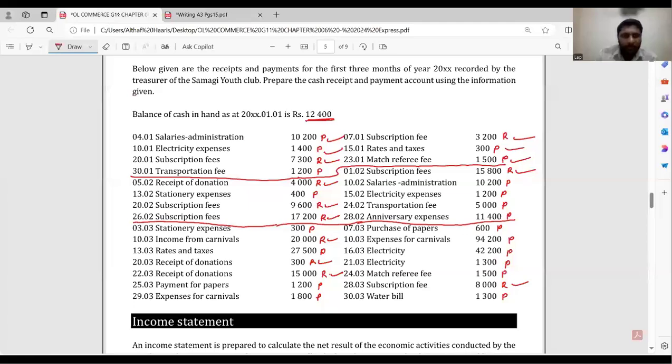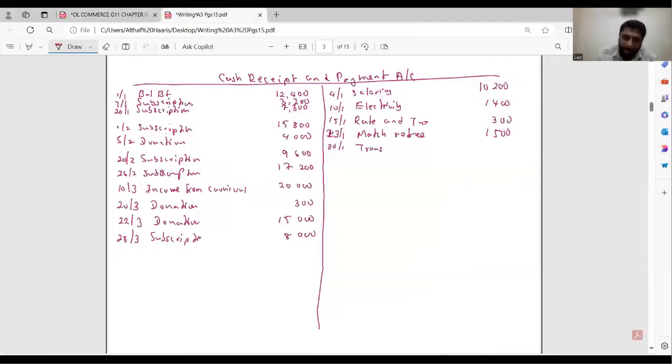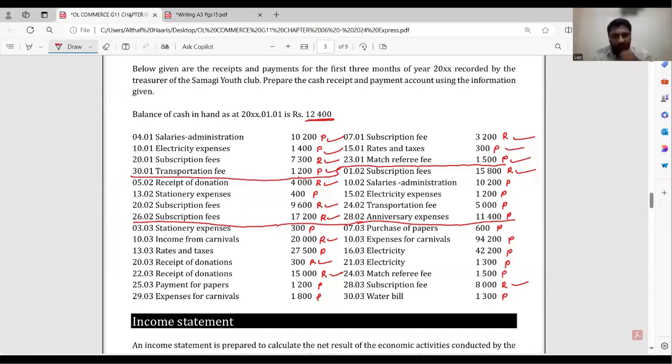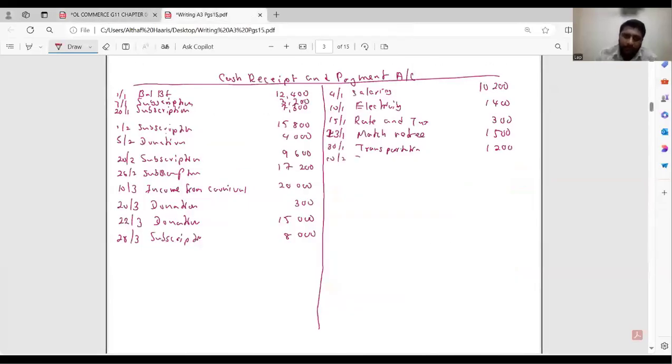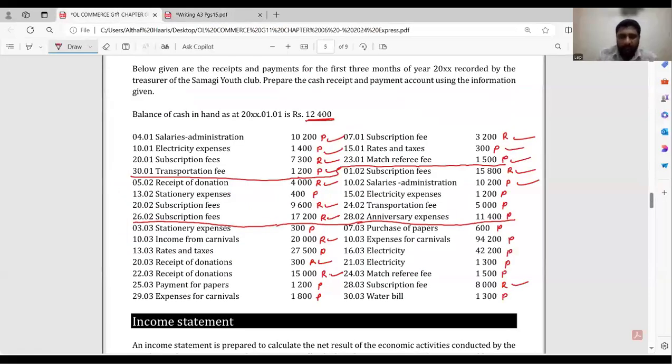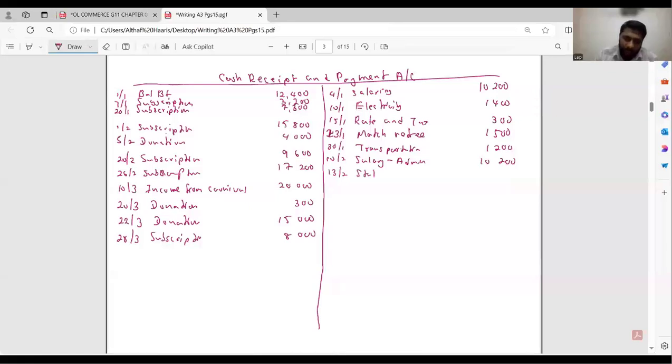Transportation 1,200. Salary admin 10,200. Stationery 400.